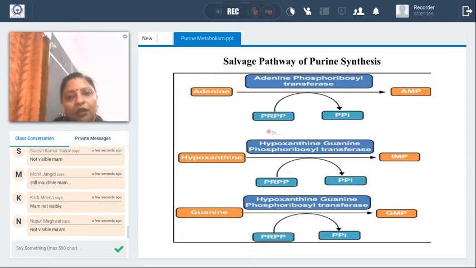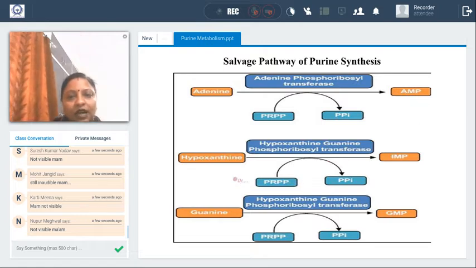PRPP gives the structure of ribose 5-phosphate to all the nitrogen bases. So we get the nucleotide as a combination of the nitrogen base, adenine, and ribose 5-phosphate, that is ribose sugar and phosphate itself. So we get the nucleotide adenosine monophosphate, that is called AMP or adenylate.